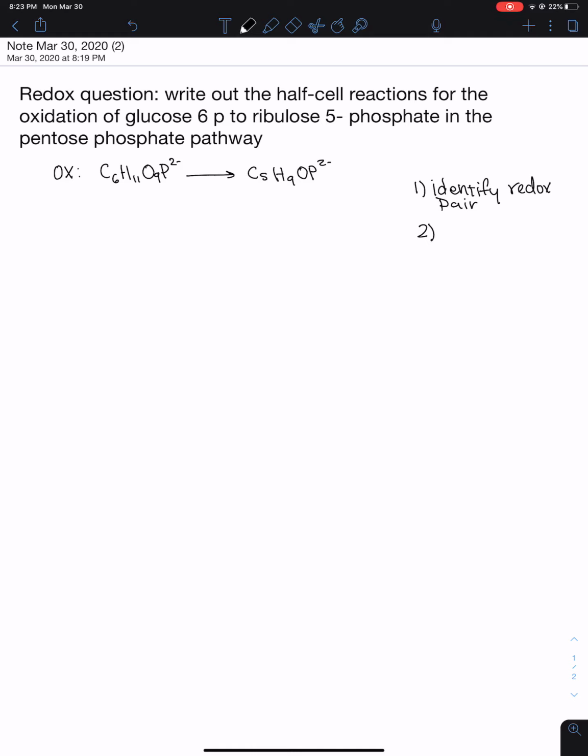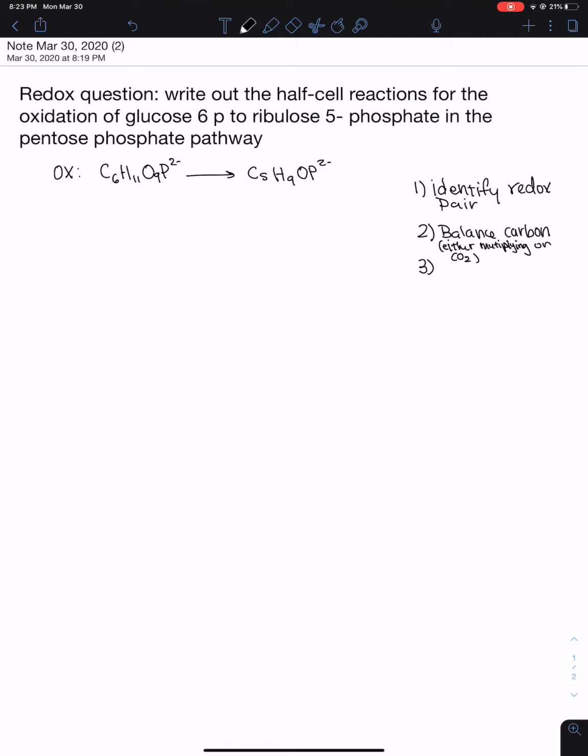But then the next one is to balance carbons if needed, and you do that by either multiplying or by adding CO2 if the pathway necessitates.